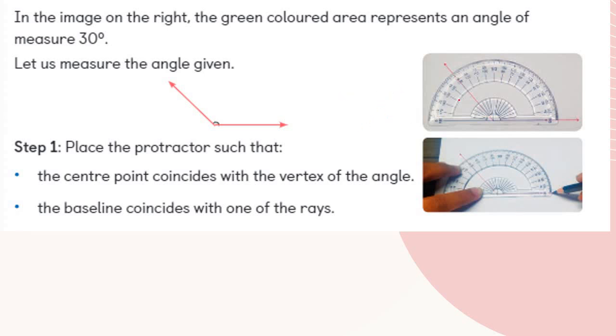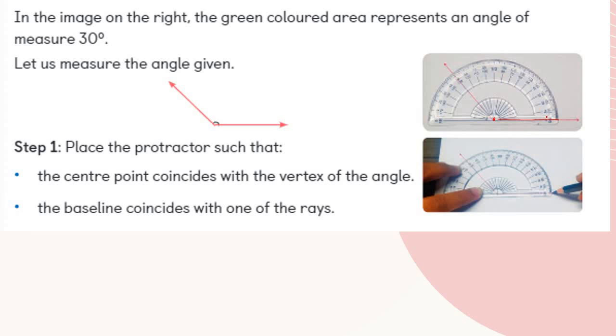Stepwise we have to use the protractor to find the measure of an angle. Step 1. Place the protractor such that the center point coincides with the vertex of the angle. The baseline coincides with one of the rays. The baseline should coincide with one of the rays in this way. Step 2. Look at the 0 of the inner circle.